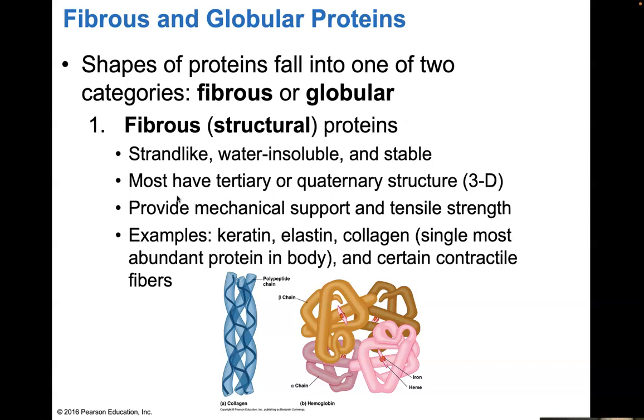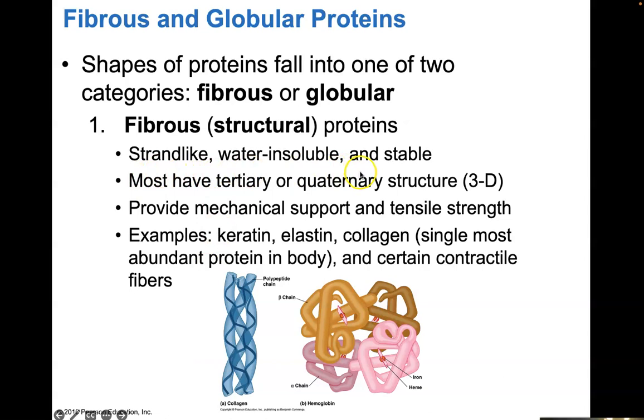So the shapes of our proteins can be either more fibrous or globular, just depending on what their structure is. And we're going to talk about different fibrous structural proteins that are going to have more of this structure. So they'll have a lot more alpha helix in their secondary structure. And these are going to be more strand-like.